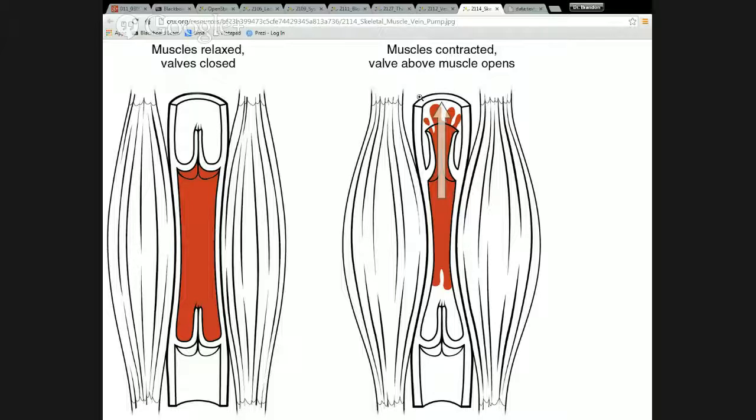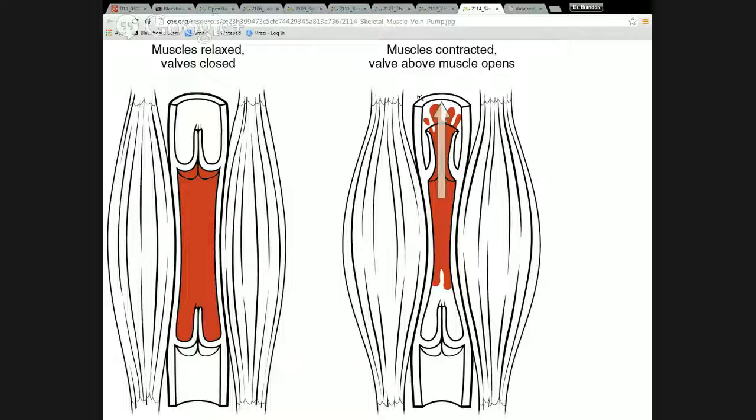So we take advantage of the properties of contracting skeletal muscle to help the blood move on a little bit more. This is considered a passive pumping process. As far as your cardiovascular system is concerned, it's not expending any energy to do this. Your skeletal muscles are, but they aren't doing it for the sake of cardiovascular circulation. They're doing it for the sake of doing their normal jobs.